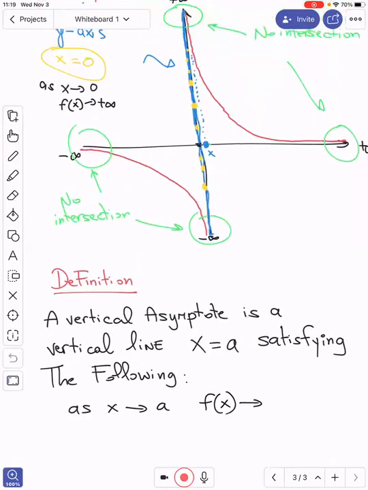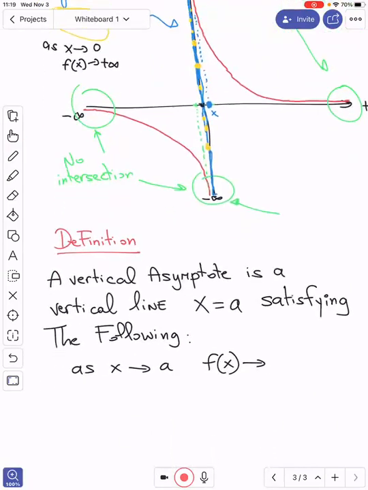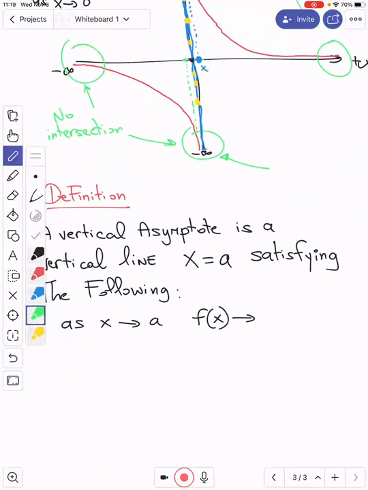Because as you can see here in the bottom, it's the same thing, right? My x approaches 0 from the left, so x is negative, and the values of f are going to approach negative infinity. Okay, so as x approaches a, f of x is going to approach either positive or negative infinity.